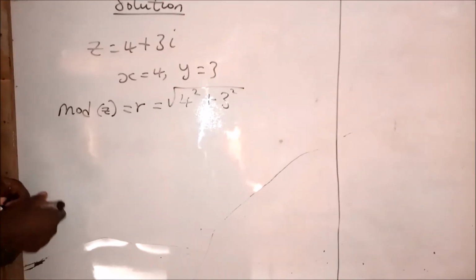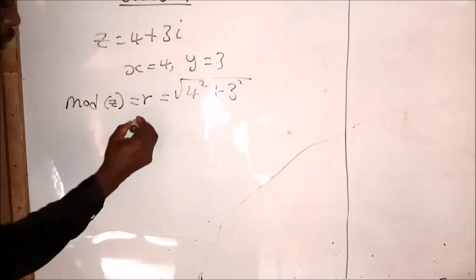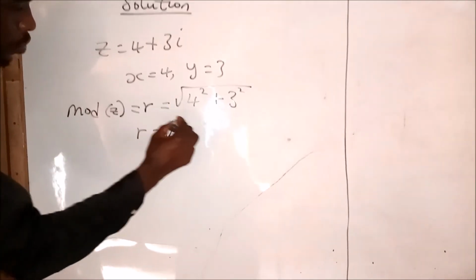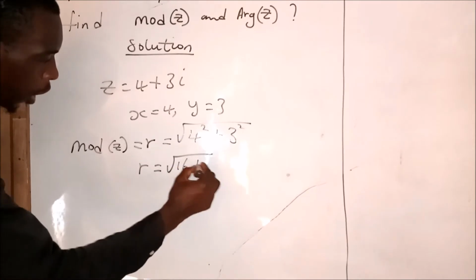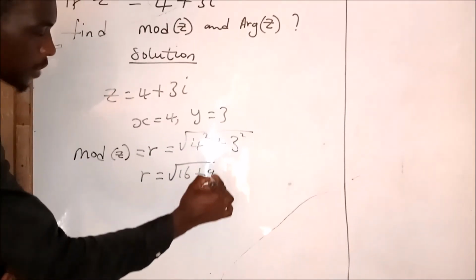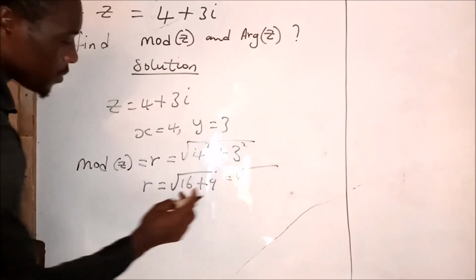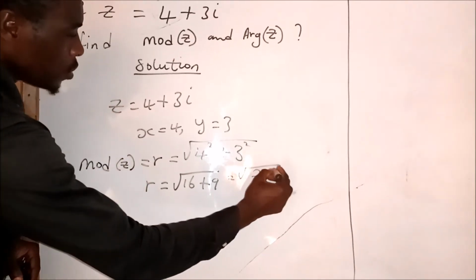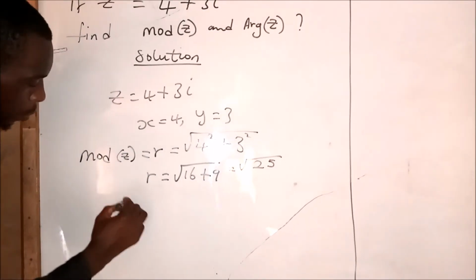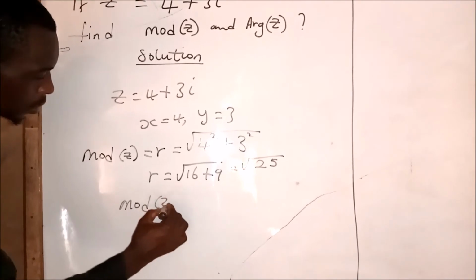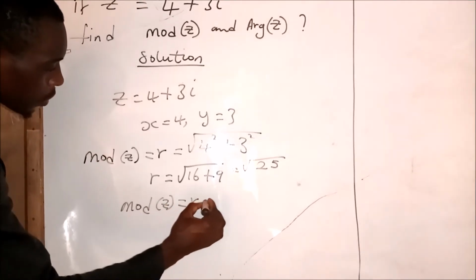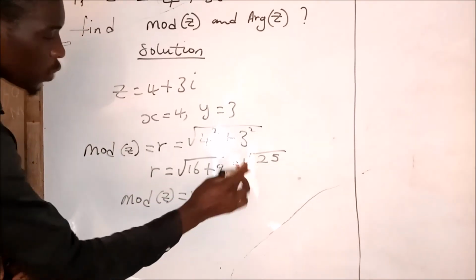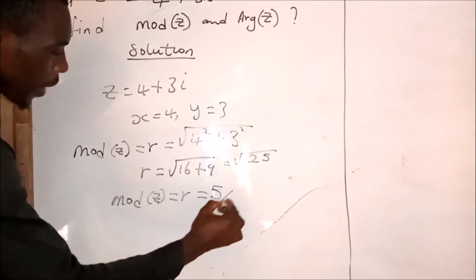Now, 4 squared gives us 16, so r is equal to the square root of 16 plus 3 squared, which is 9. When we add 16 to 9, we get 25. So modulus of z, which is r, is equal to the square root of 25, which is 5.